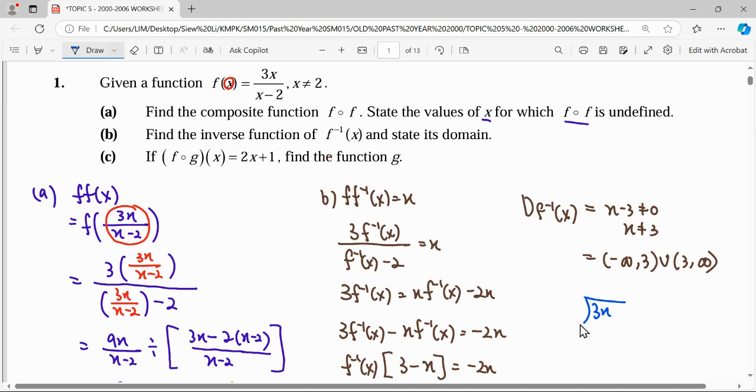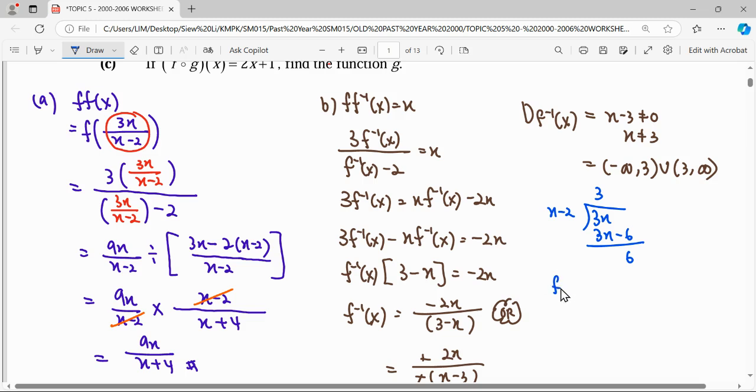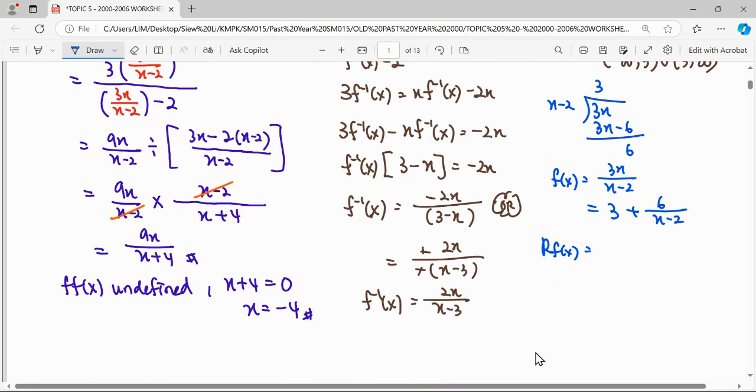Doing the long division, x minus 2, you times 3, you get 3x minus 6, balance is 6, which means your original function is 3x over x minus 2. After long division, the quotient is 3, the remainder is 6, and the divisor is x minus 2. When I want to find the range of the function, I will close the rational case. The range refers to the case: quadratic, absolute, surd, then rational.